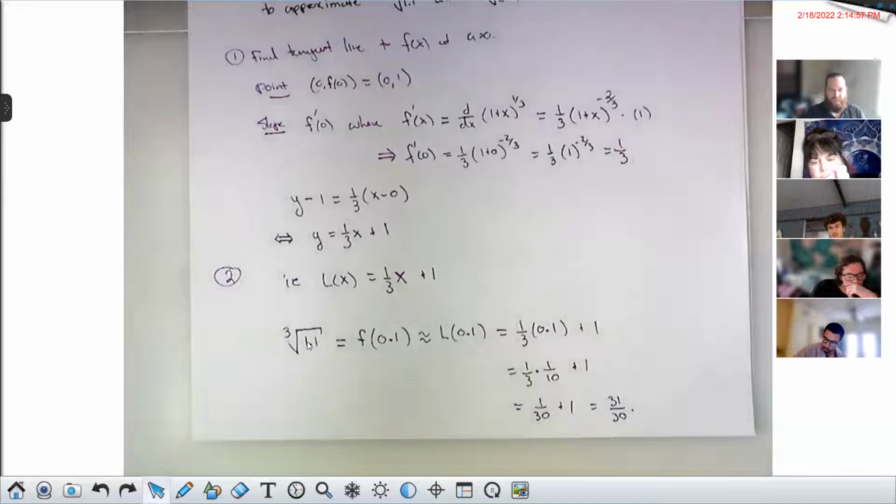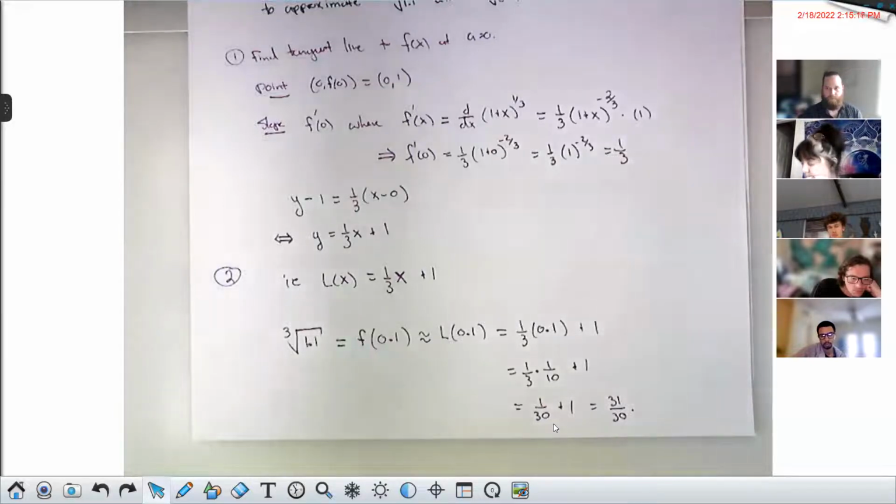When we increase the input by 1/10 to the cube root of 1.1, the output increases by about 1/30. Make sense? So this would be our answer.